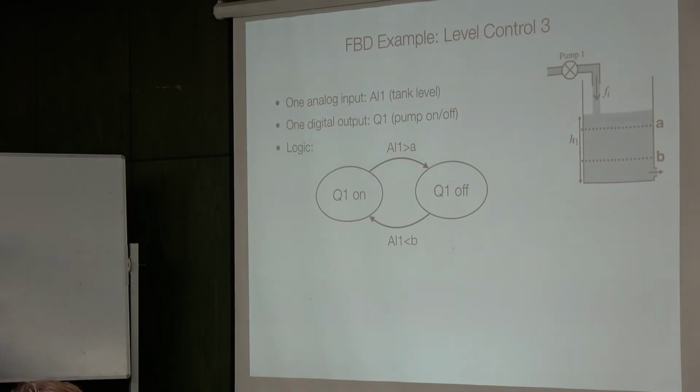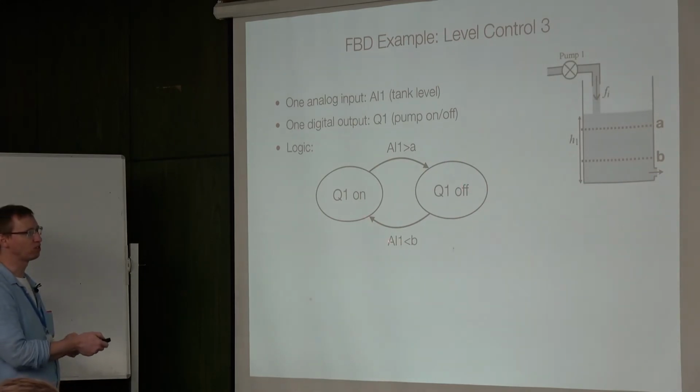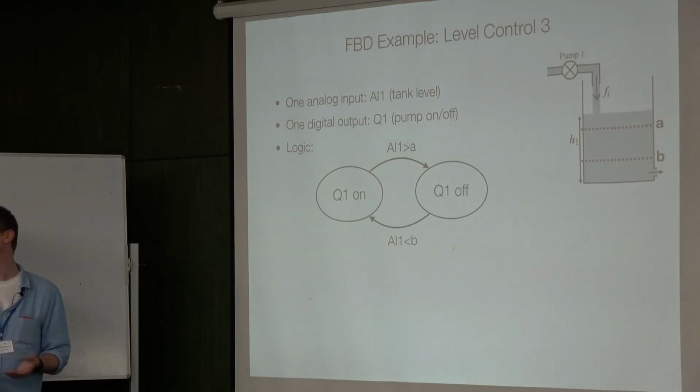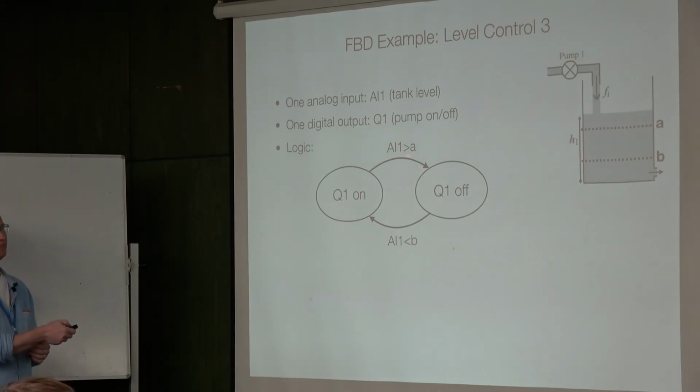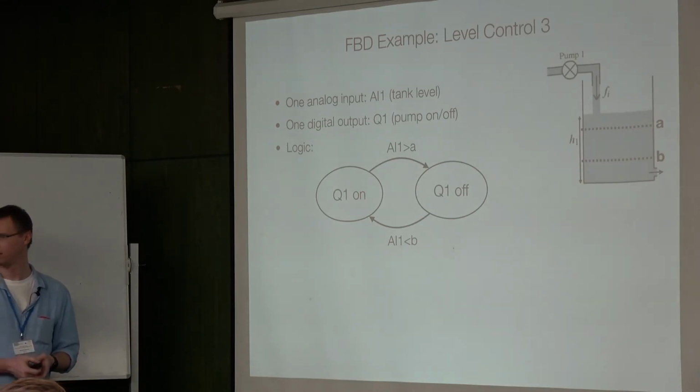So basically, we just need a very simple finite state machine with 2 states, the on state for the pump and the off state. And we switch to the on state whenever the level, as measured by some analog input sensor, is below this threshold B, and we switch to the off state when the level is above A.